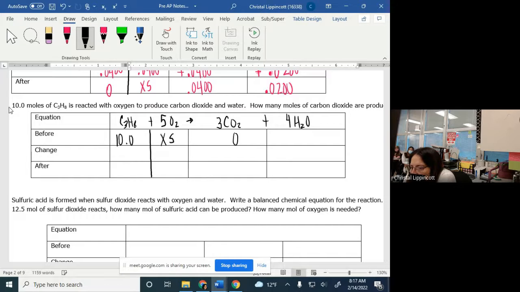And I'm not starting out with any products to begin with. Now, when I go up into the cloud, I'm going to divide. So my cloud is going to be 10.0. And then I'm going to go through here and multiply as I go down. So see if you can figure out what all of the boxes for the change line are.